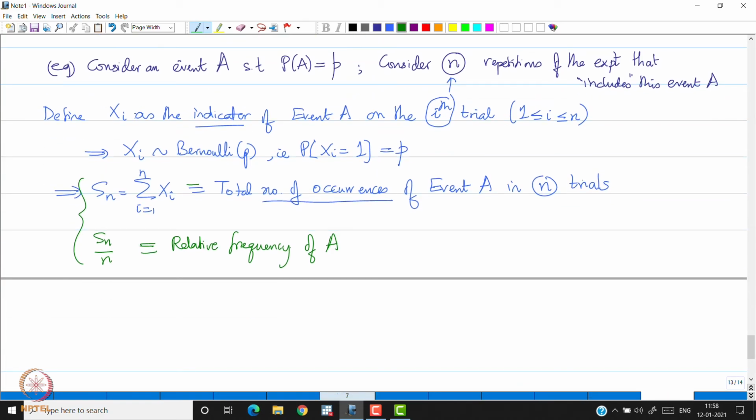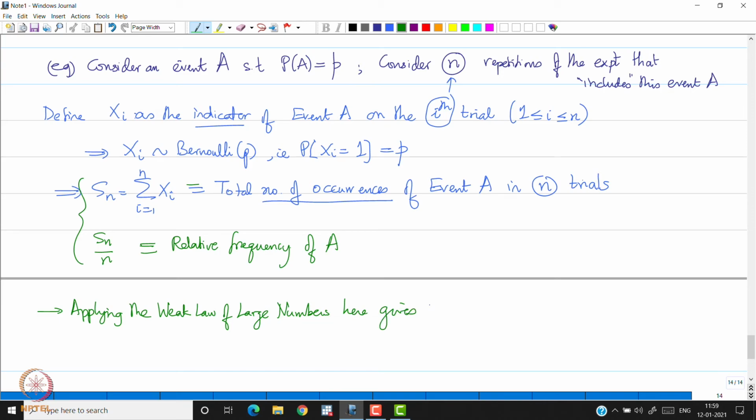So if we now apply the weak law of large numbers, what does this give us? What does it give us?